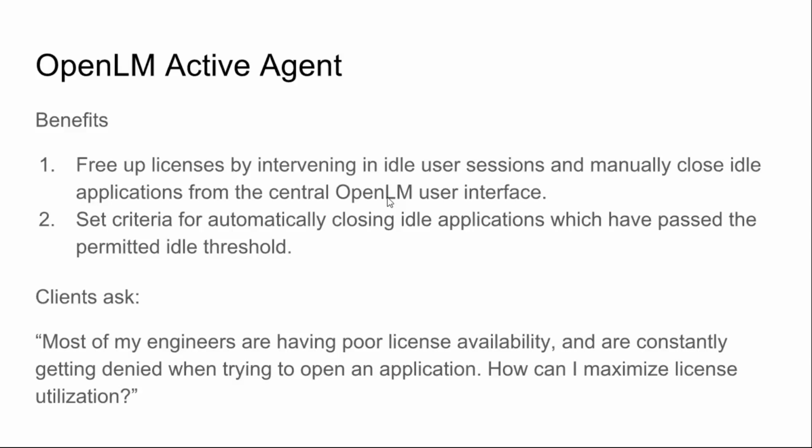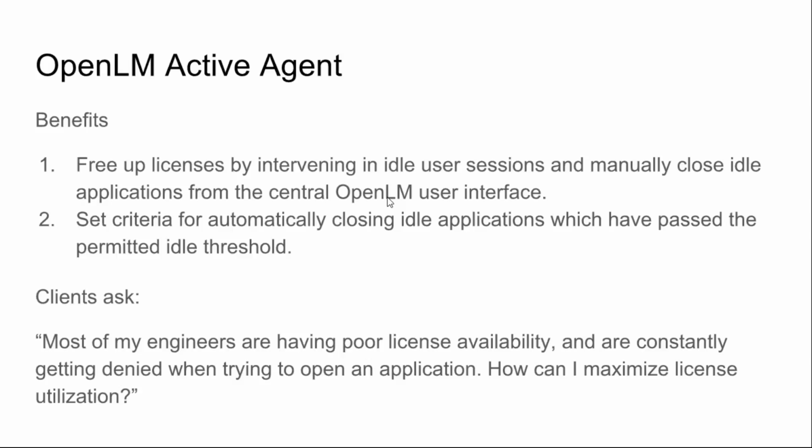So the OpenLM Active Agent can, automatically upon hitting a certain idle threshold, save the progress and close the application, or it can also suspend the application itself. It just releases the license and suspends the application.